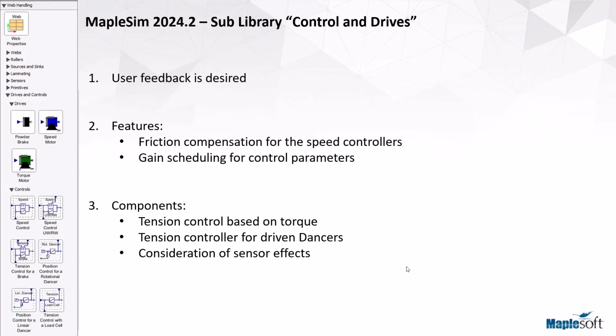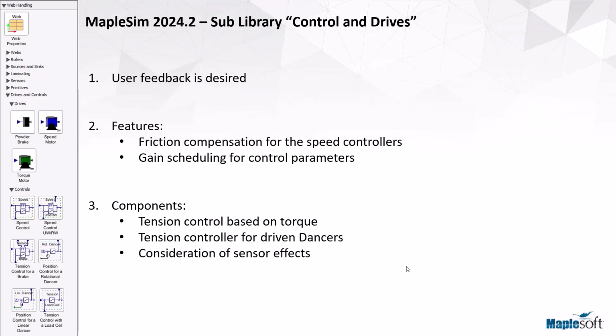Yeah, and what are our next steps? At first, I would like to hear your feedback on the usage of these components. We have some plans to extend it. For example, friction compensation for the speed controllers. Maybe gain scheduling for the control parameters.